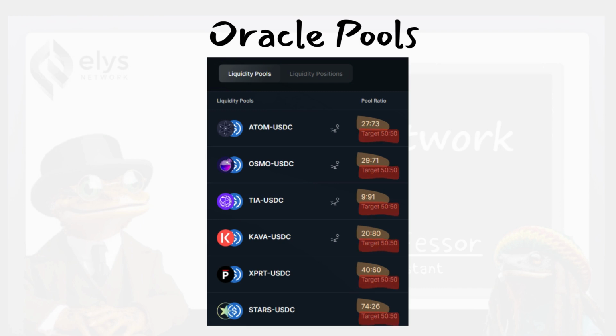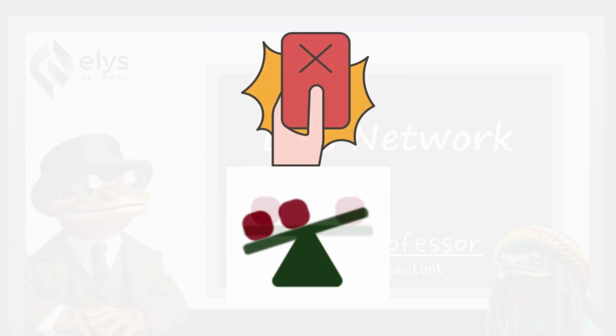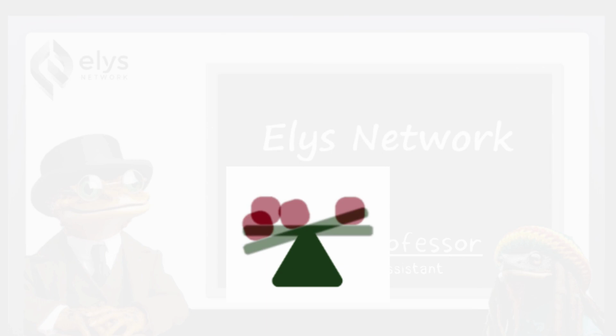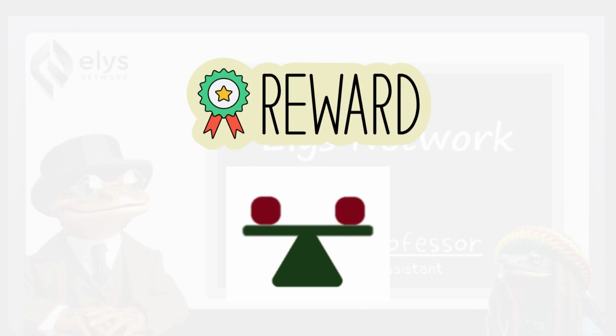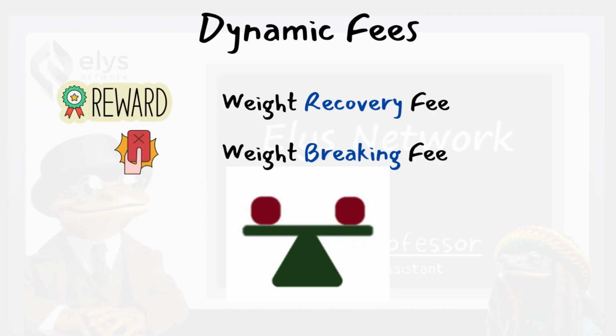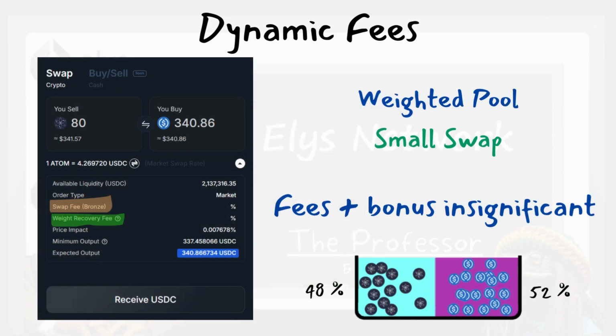Elys Network's mechanisms counterbalance the imbalance of oracle pools by implementing bonuses and maluses. Depending on the pool's balance, your transaction can be penalized or rewarded based on its impact on the pool. These are the weighting fees. In the case of the Atom USDC pool, a small swap will have a negligible impact on the imbalance.